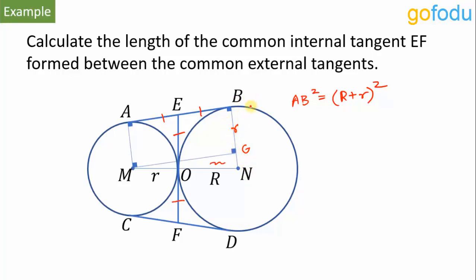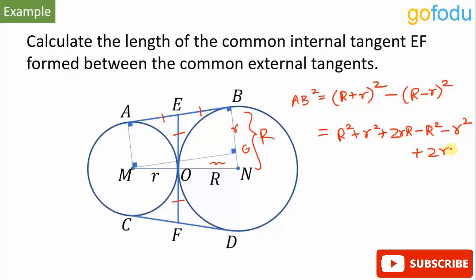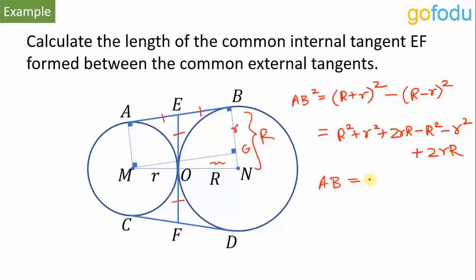This is small r and NB is capital R. So minus, we have (R minus r) whole square. Open the brackets and we get R square plus 2rR plus r square minus R square plus 2Rr minus r square, which is 4rR. So AB will come out to be 2 times root of small r into capital R.